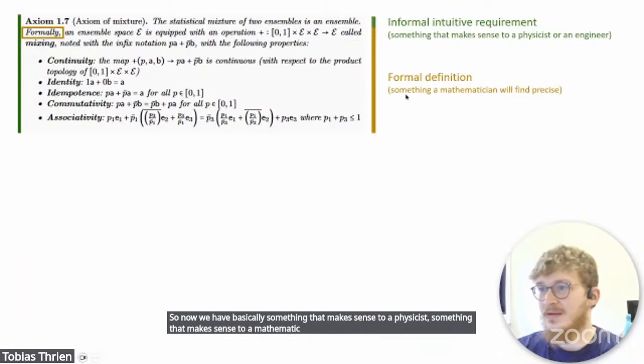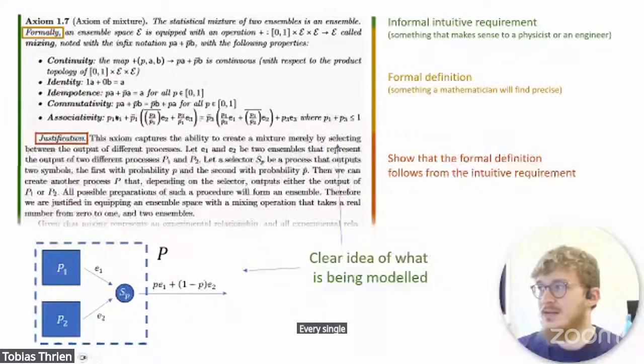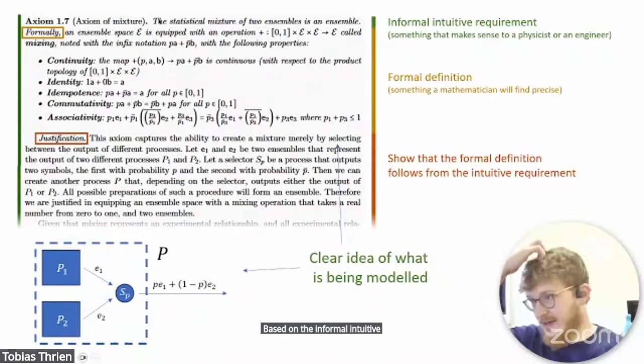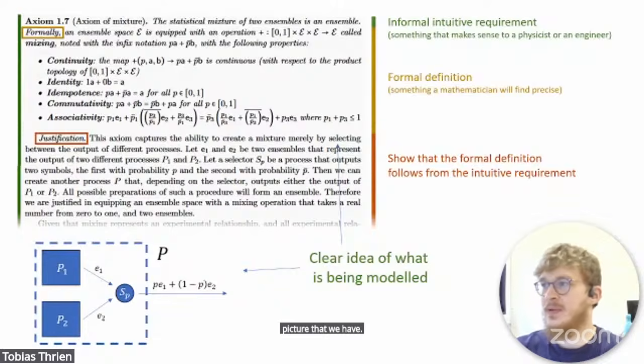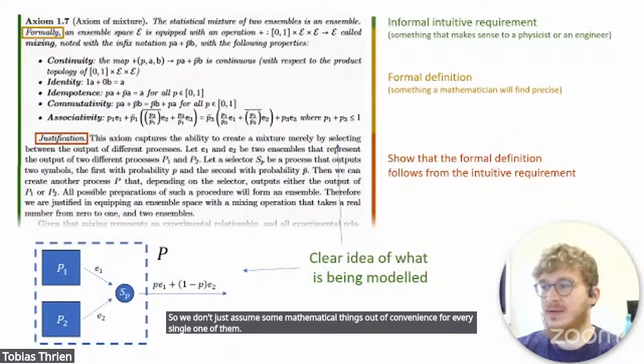The key point is that we need to make sure there is a tight link between the two. We have to justify every single mathematical definition, every property, based on the informal intuitive picture that we have. We don't just assume some mathematical things out of convenience. For every single one of them, I have to justify why I put it there.